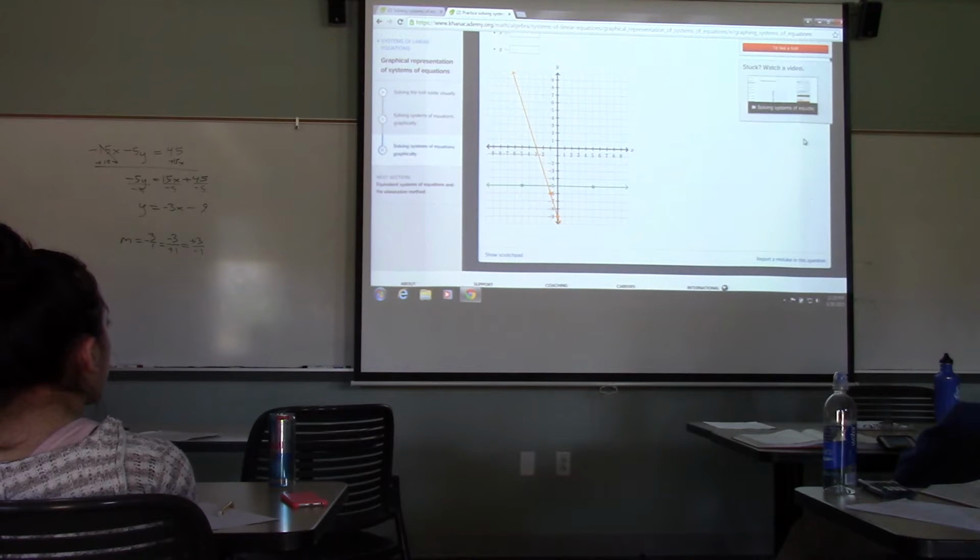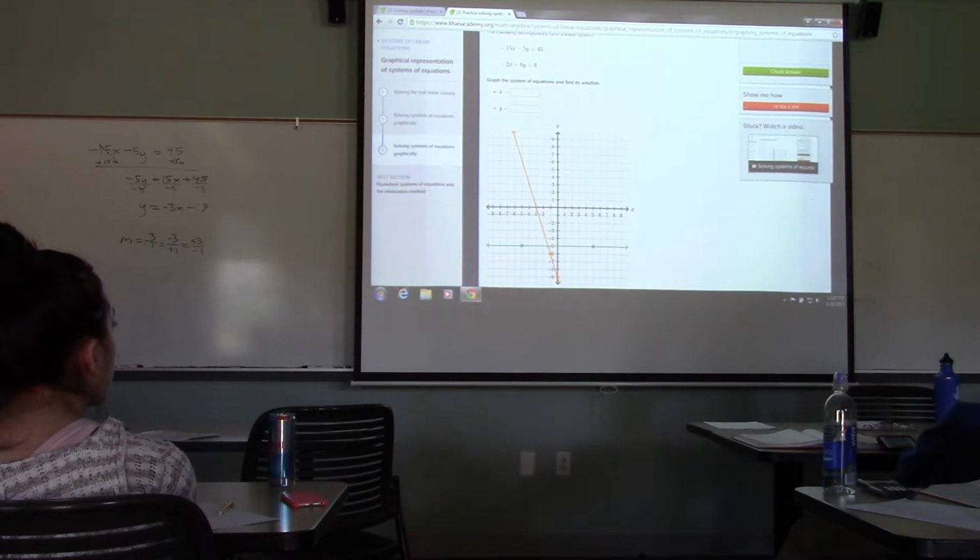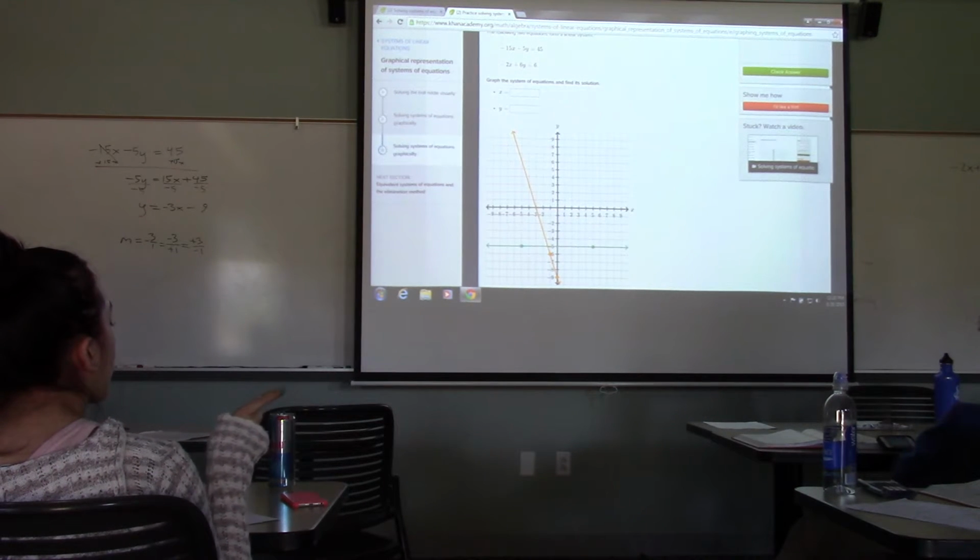Okay, now we've got a totally separate second line. Let me scroll up a little bit, so we're back to the original equation. Okay, so what's that second line? Sarah, help me out. How would we graph that one? Move the 2x to the other side. And how would we move it? Plus 2x. Yeah, so we add 2x, so we get 6y equals 2x plus 6.